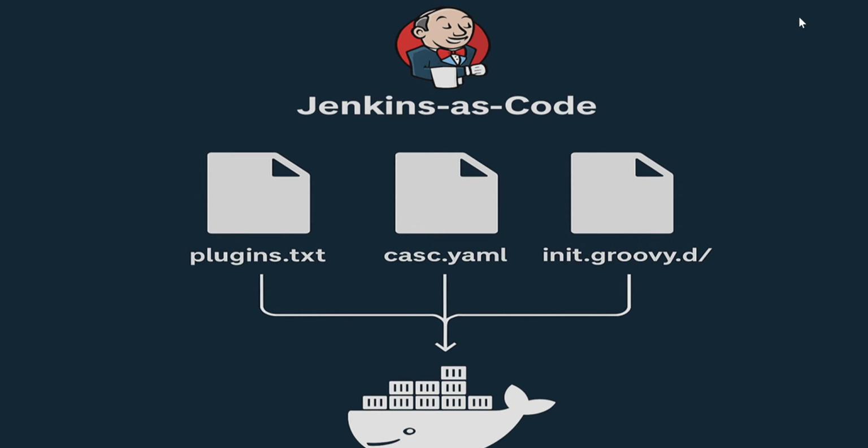With the Configuration as Code plugin, managing Jenkins becomes even more efficient, allowing you to define your entire configuration in YAML, making setup easy to replicate, track, and evolve.